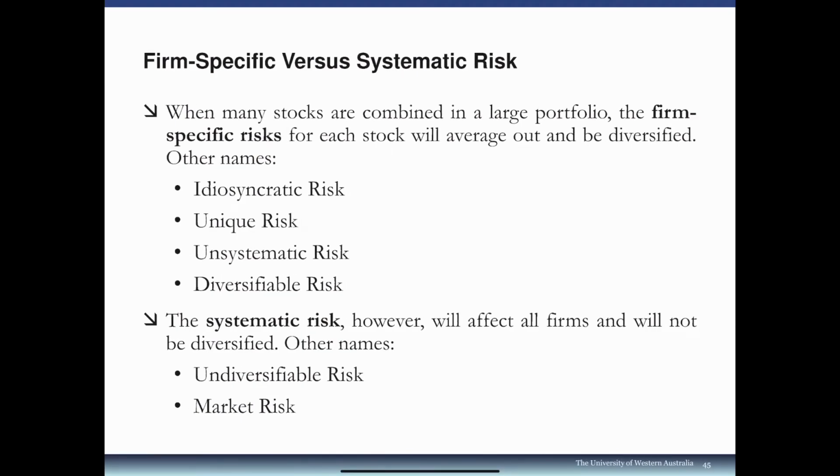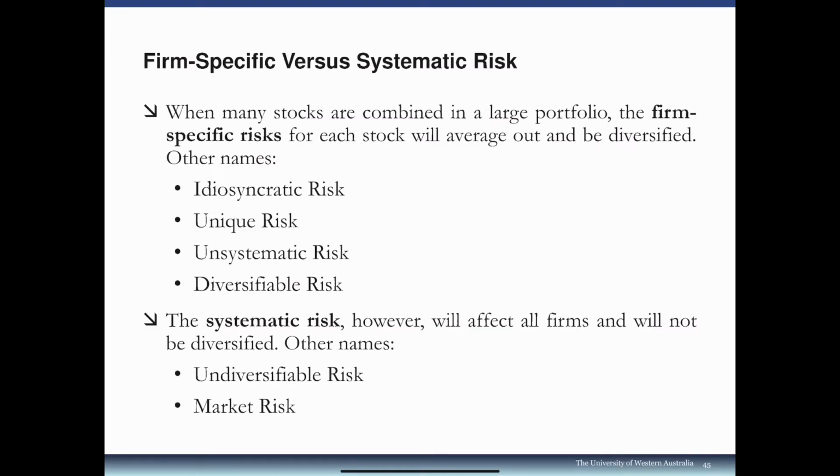And in finance, we turn out to be naming stuff, coming up with different names for the same thing. For firm-specific risk, there are many other terms. There's one very academic term: idiosyncratic risk. If you're talking to any finance academics, they like that term, idiosyncratic.